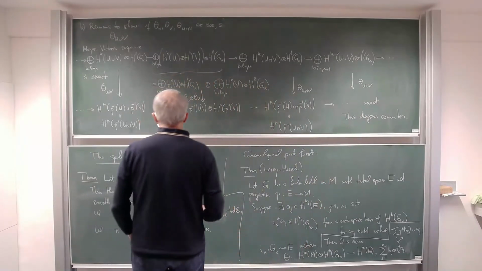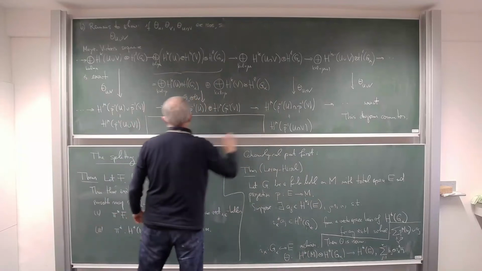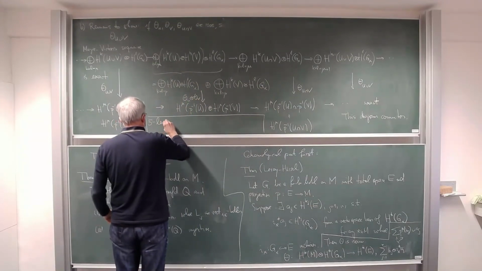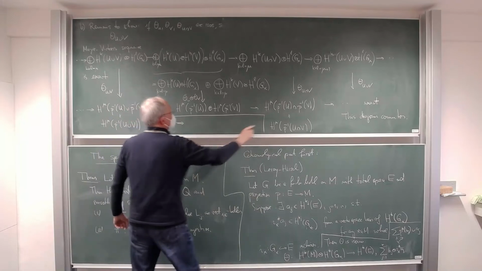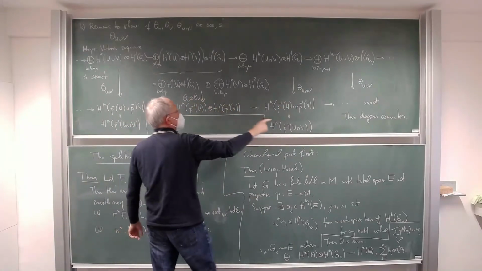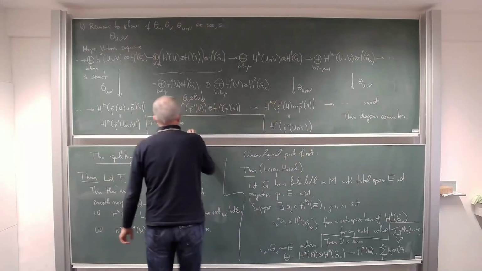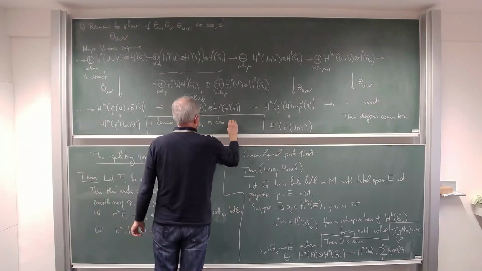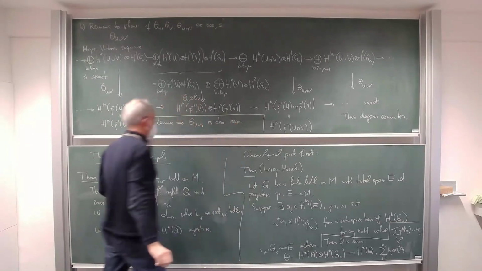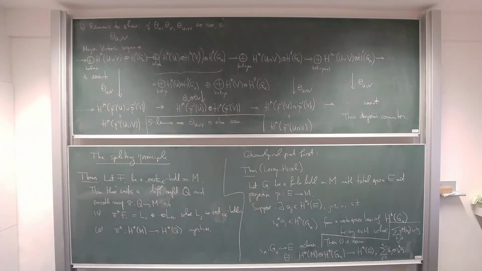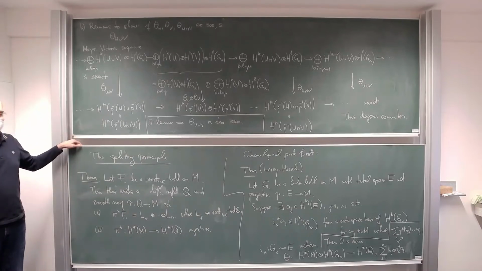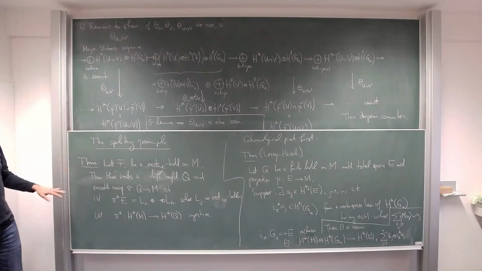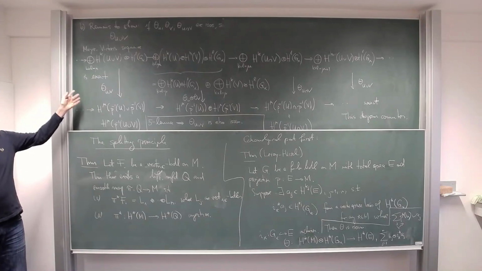And then adding this here, the 5 lemma implies that this arrow, which we don't know, is also an isomorphism. You see, this argument has really nothing to do with characteristic classes. This Leray-Hirsch theorem is an entirely topological fact, and I have set it up such that I can argue with the Mayer-Vietoris sequence alone.